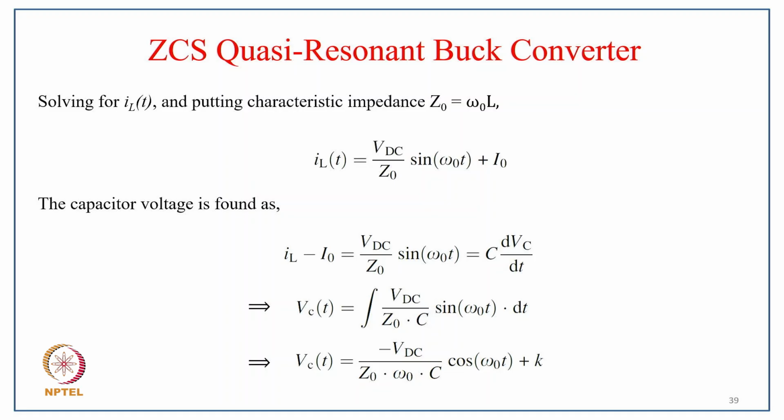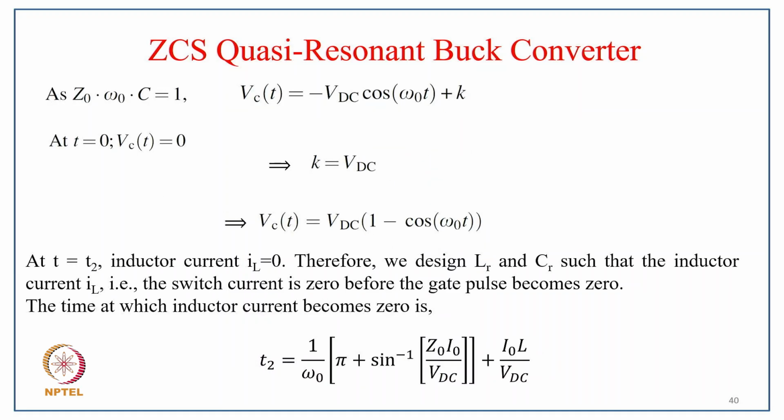For the capacitor voltage, IL minus I0 equal to VDC upon Z0 sin omega 0 t equal to C dVc by dt, or Vc(t) equal to the integral of VDC upon Z0 C sin omega 0 t dt, or Vc equal to minus VDC divided by Z0 omega 0 C into cos omega 0 t plus K. Since Z0 omega 0 C equal to 1, Vc becomes minus VDC cos omega 0 t plus K. At t equal to 0, Vc equal to 0, so K becomes VDC and Vc becomes VDC in bracket 1 minus cos omega 0 t.